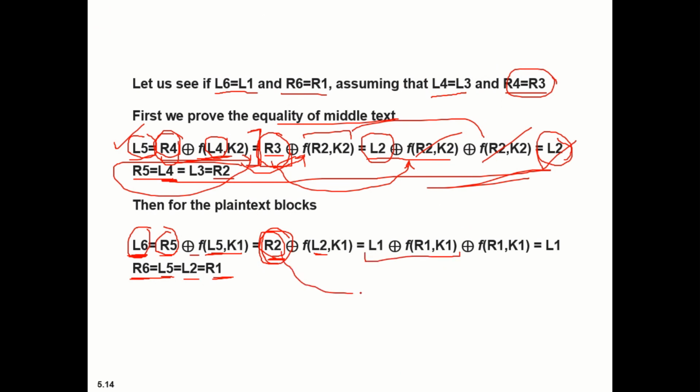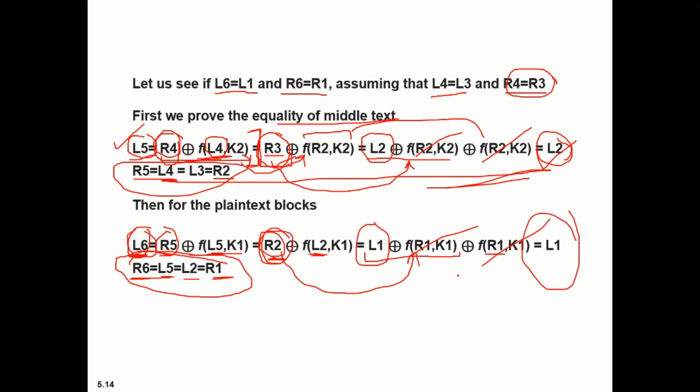So this R2 has been replaced with this expression, and this L2 is equivalent to R1 from these equalities, okay? So L2 we have replaced with R1. So again these two entries will be discarded and we are left with L1. So hence it is proved that L6 is equivalent to L1, right?